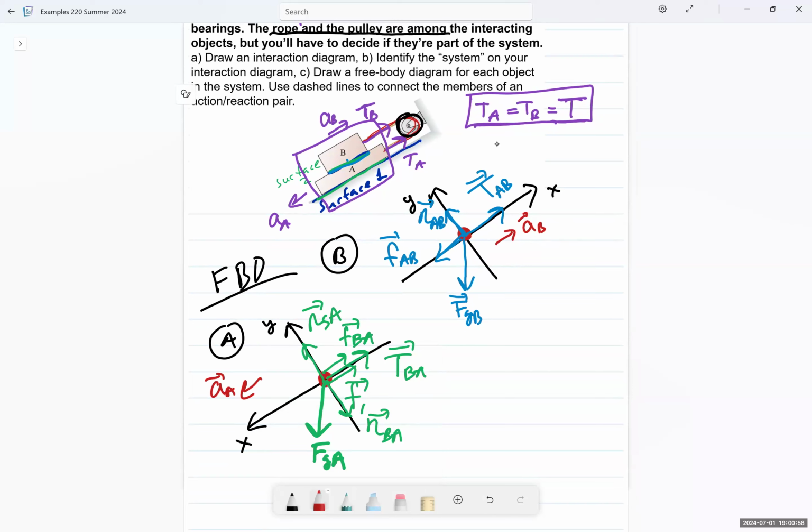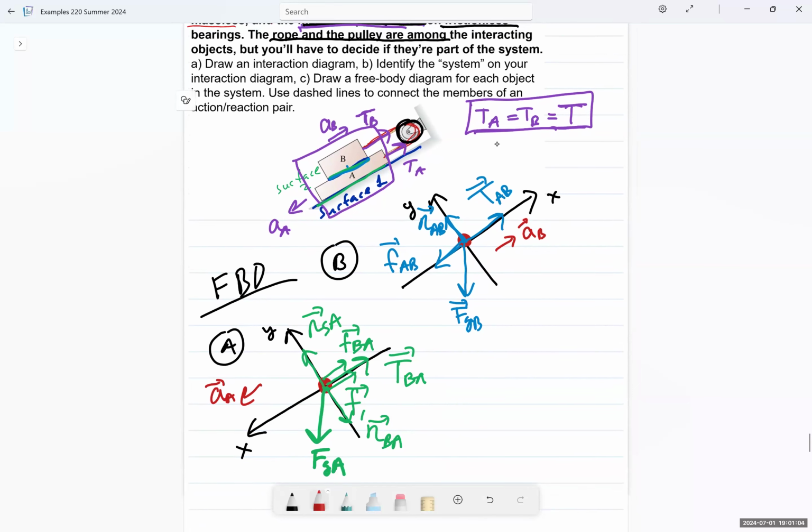All right. So those are the free body diagrams for block B and block A. And one of the things that this problem was asking us is to use a dashed line to connect the members of an action-reaction pair. That means for every action, there is an equal and opposite reaction. And that's the key, right? So A and B are interacting, because those are the two things in my system.